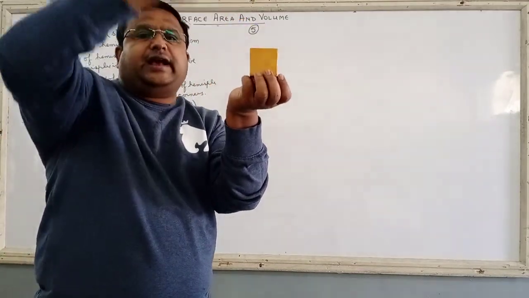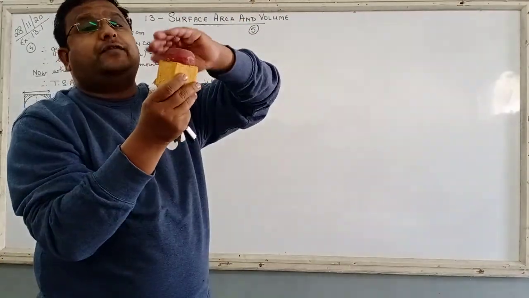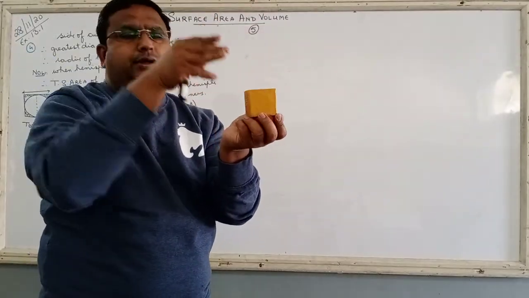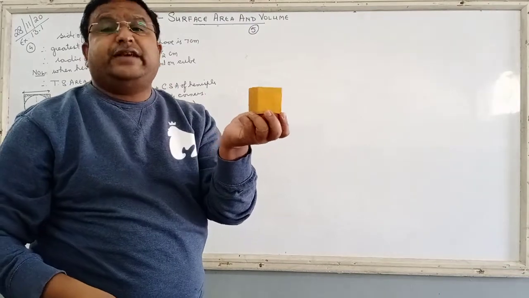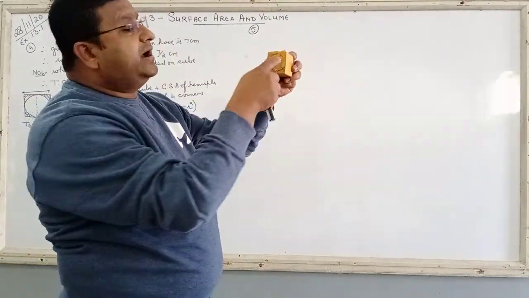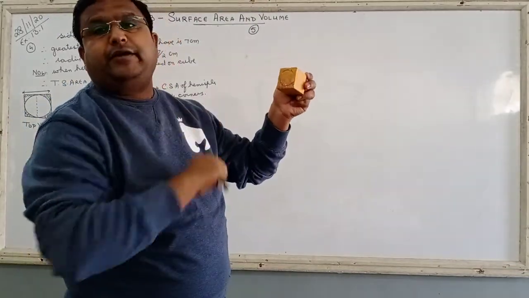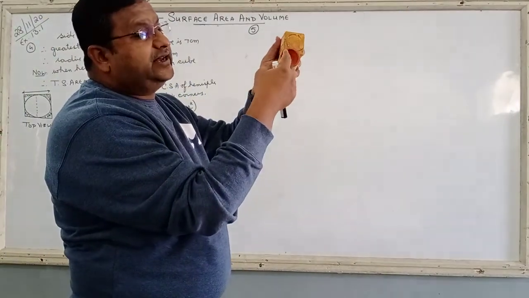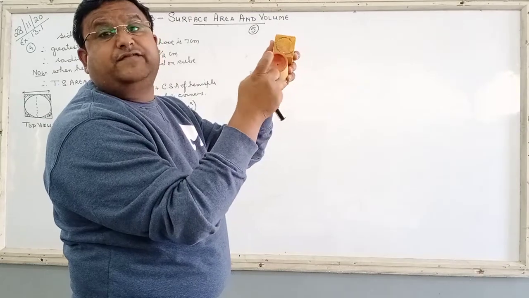One hemisphere is taken away. In the previous question, hemisphere was surmounted. Now the hemisphere is carved out. It is taken away. So when we see that, we will see a hemispherical depression over here in between or not. We will see curved surface area of the hemisphere like this. Is it? This will be visible to us.